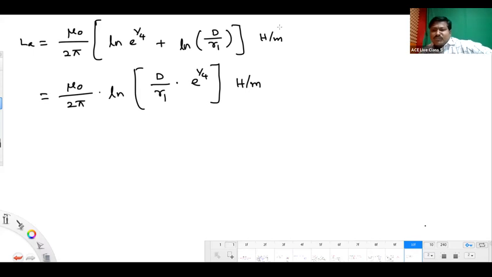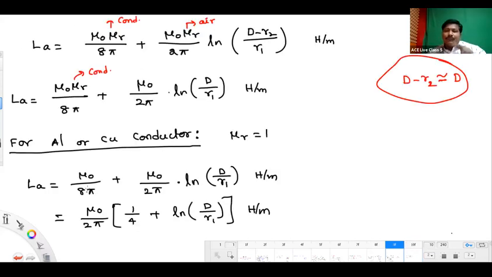Listen, please. If you look at this equation, we have two terms here. One is internal, mu naught by 8 pi. The next one is external, that is mu naught by 2 pi into ln of D by R1.